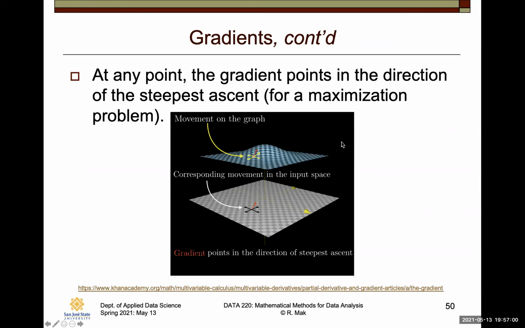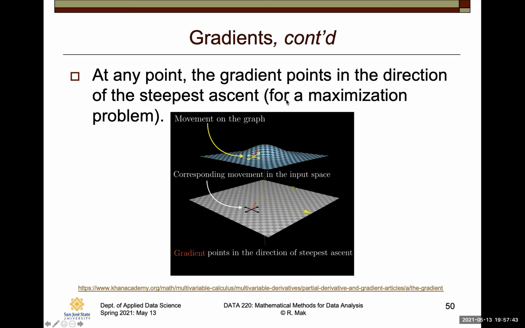Here's a three-dimensional shape. This is a function in two variables, x and y, and so you're sitting here, and the del will tell you which direction to go that will have the steepest slope, the steepest ascent. If you just look at the x and y values, basically that says that if you're at this xy value, you want to go to this other xy value.